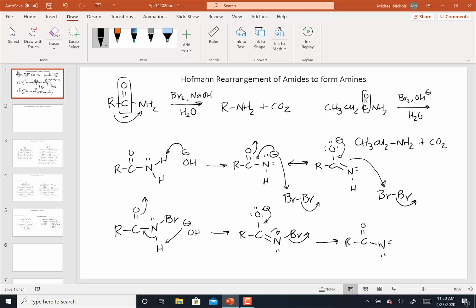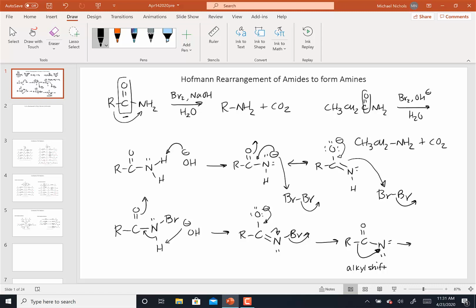And what will happen in this case is that the R group here will take its pair of electrons and it will migrate. So this is kind of like what we would call an alkyl shift, right? We saw this with hydrogen shifts or with methyl shifts. So we're going to have that alkyl group then shift over to the nitrogen.